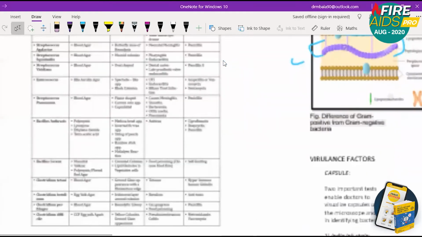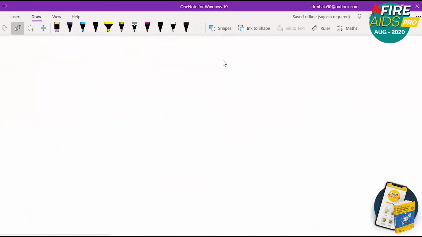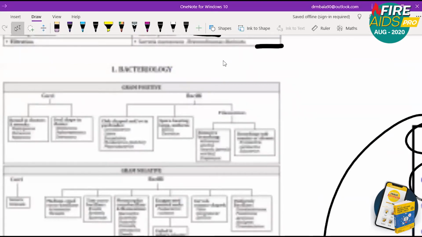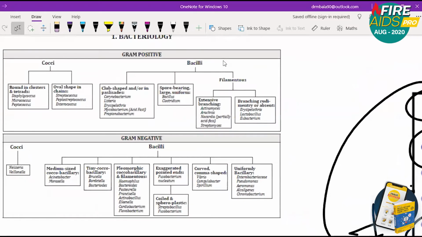So we'll directly start with bacteriology, that is given in the QRS. Okay. So we saw about gram positive and gram negative. Here is a list of organisms which are gram positive and negative. First, we'll talk about the cocci in gram positive. So gram positive cocci means it can be Staphylococcus, Micrococcus, Peptococcus, Streptococcus, and Enterococcus.